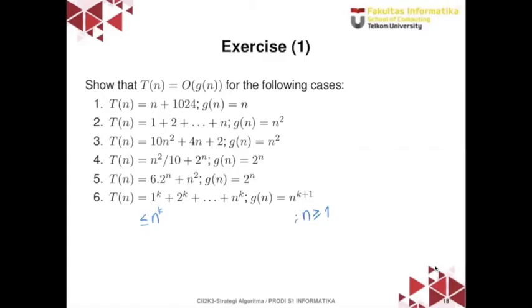So we can write it like this, so that we have n times n to the k, which is equivalent to n to the k plus 1. So we can consider 1 as c and 1 as n0, so that we can conclude that Tn is in big O n to the k plus 1.